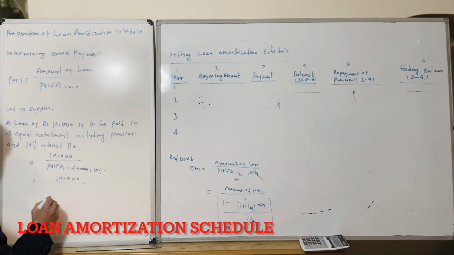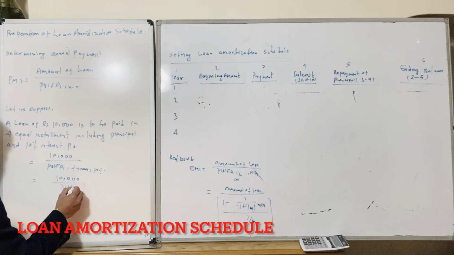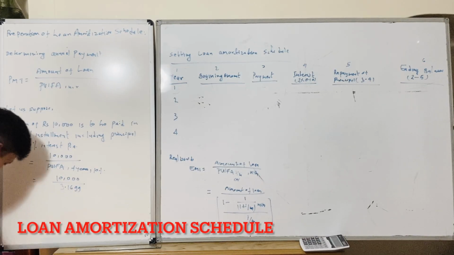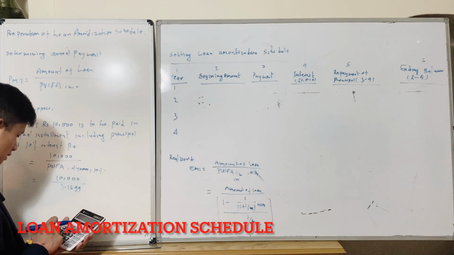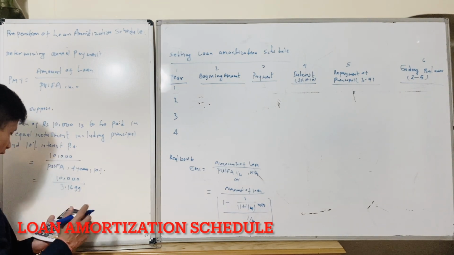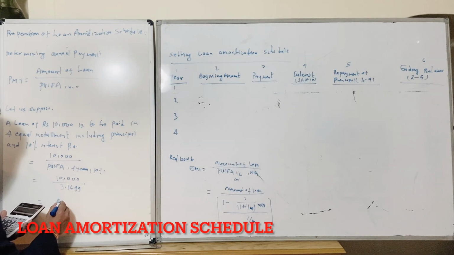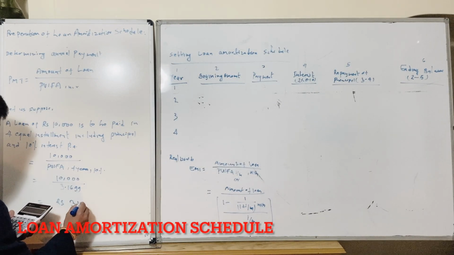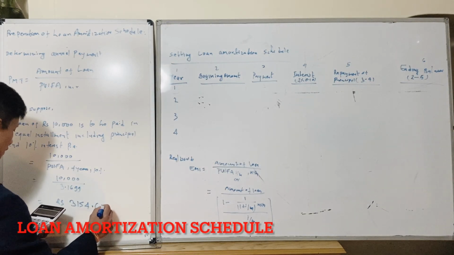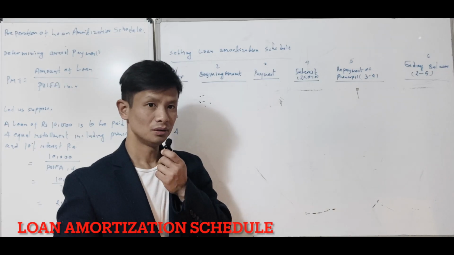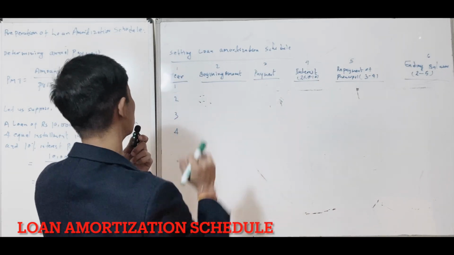The factor is 3.1699. 10,000 divided by 3.1699, we get the installment amount of rupees 3154.67.